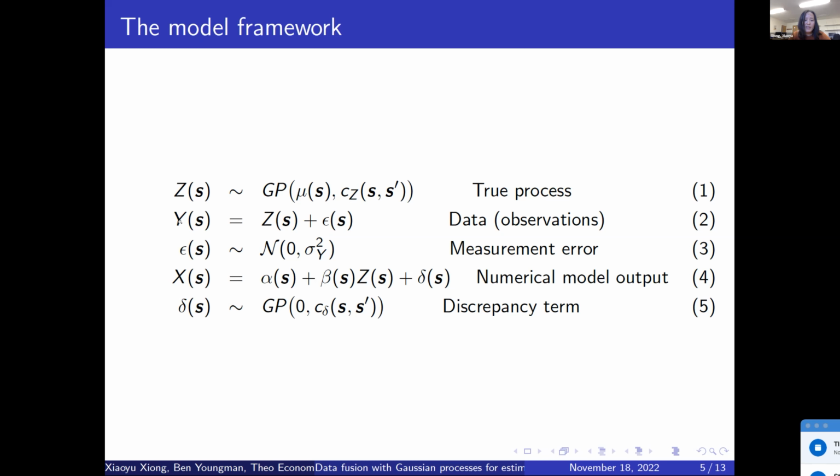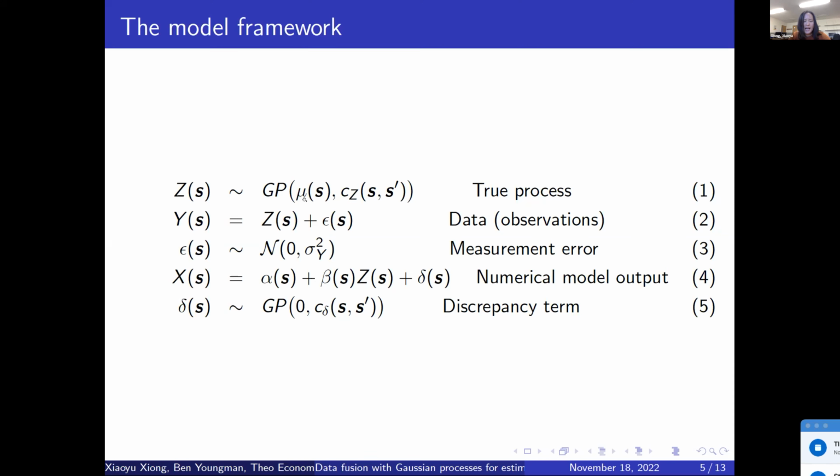And we model the observation Y(s) as the true process plus some observation error, which is normally distributed with mean 0 and some variance sigma_y squared. And we model the numerical model output X(s) as a function of Z(s) plus a discrepancy term delta(s). And we model this discrepancy term delta as another Gaussian process to capture the spatially structured discrepancies.